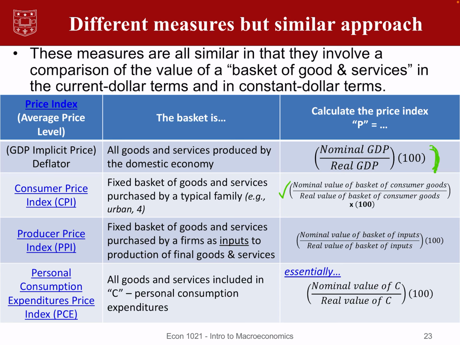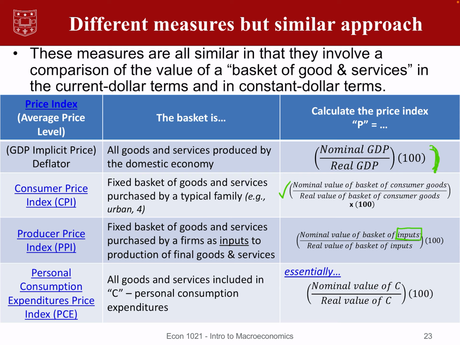The producer price index would be calculated similarly. The only thing that's going to be different is what's in the basket. So here the basket is inputs to the production process. And that's why we could use this for forecasting.